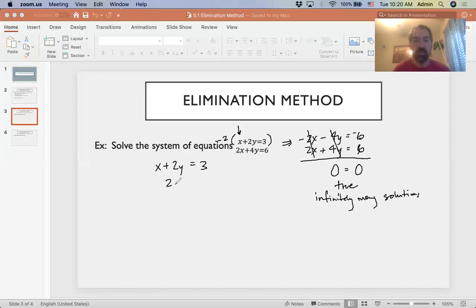Subtract x from both sides. We'll redo this. But this should be the same steps as what we had seen previously. All right, divide both sides by 2. That's y equals 3 divided by 2 minus 1/2 x. And so our infinitely many solutions, the general form for that is x comma 3/2 minus 1/2 x.